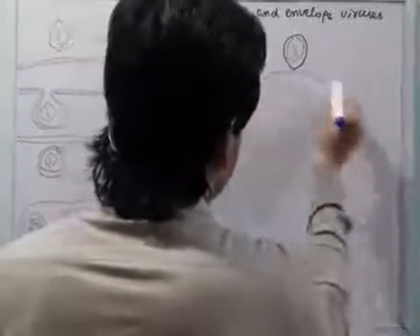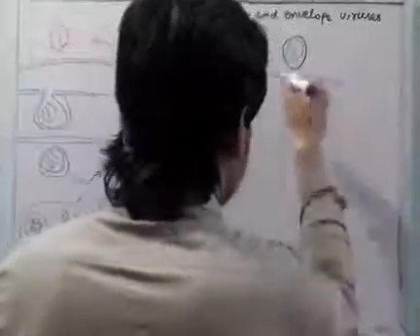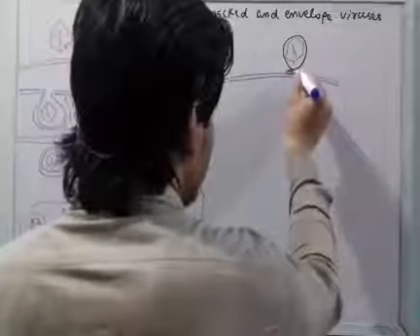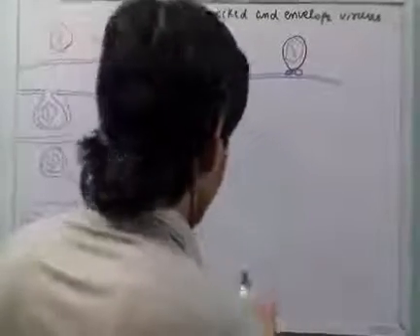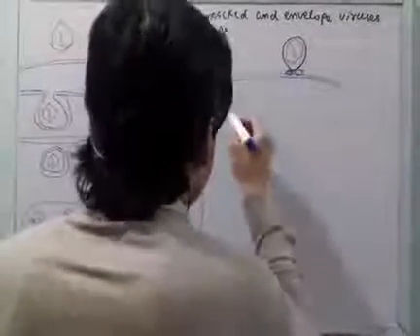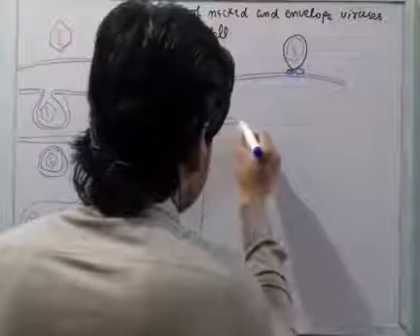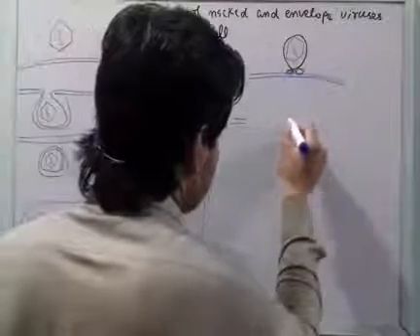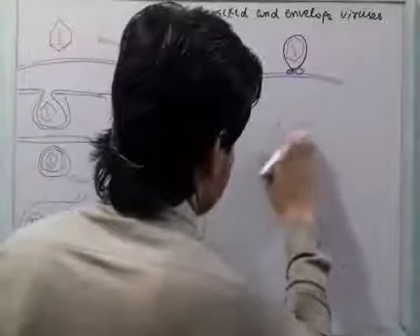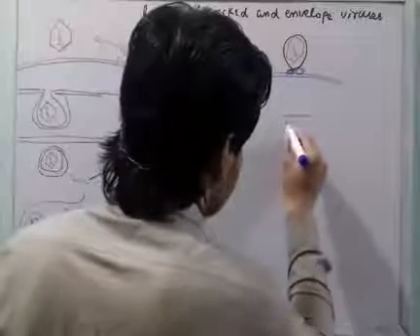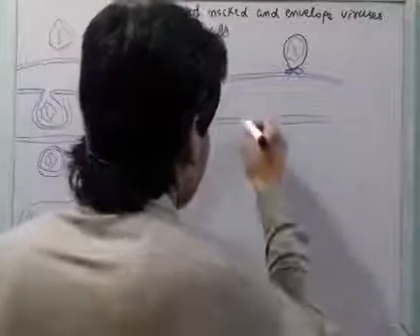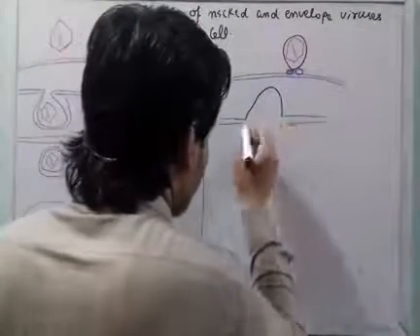This is the host membrane, and the virus will be attached to the receptor. They will attach to the receptor, and after that, we get a form like this. They will be fused with the membrane.